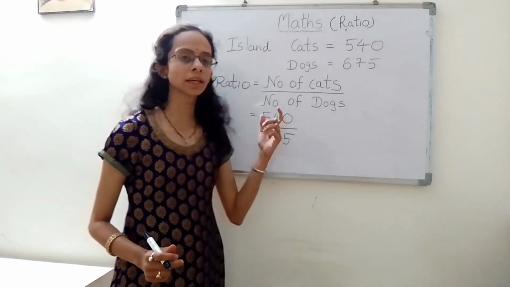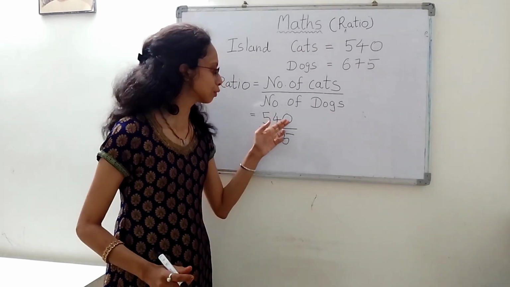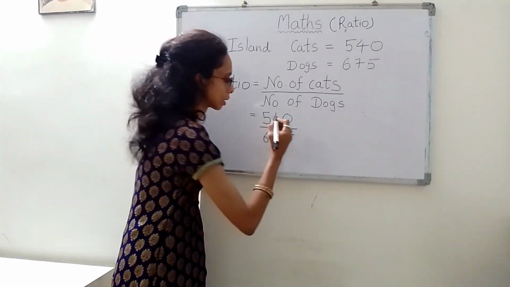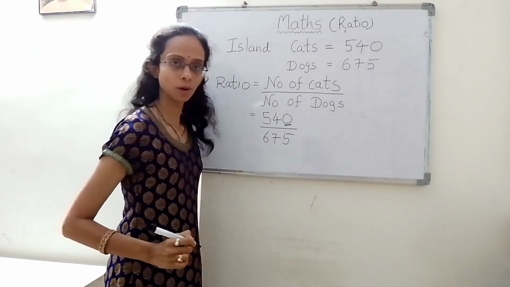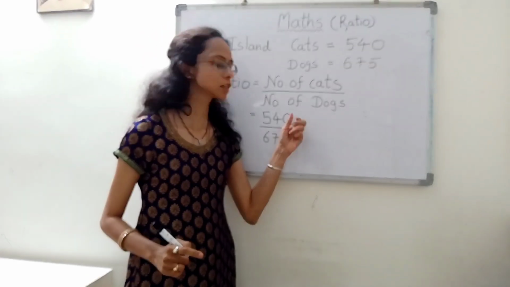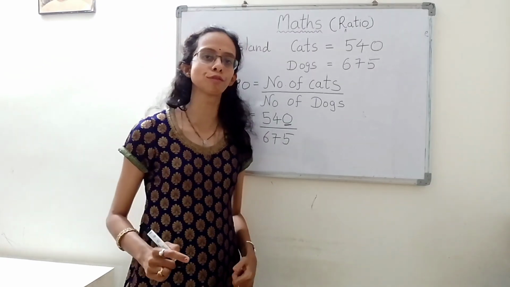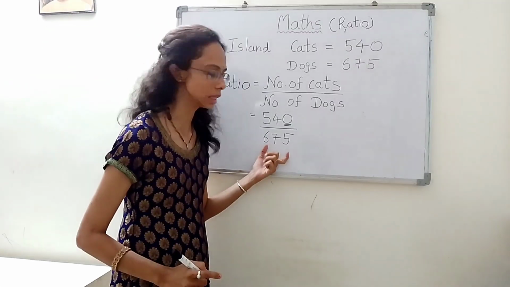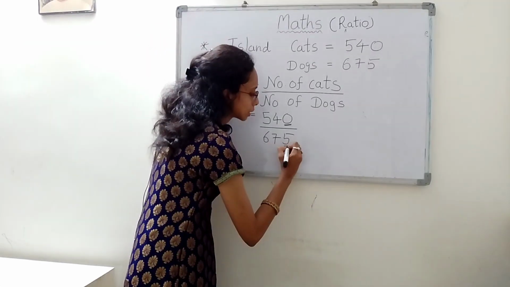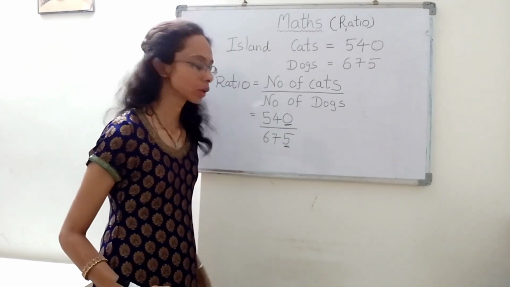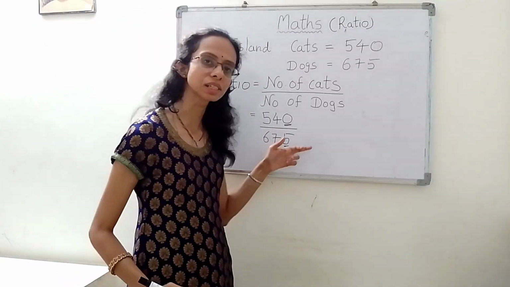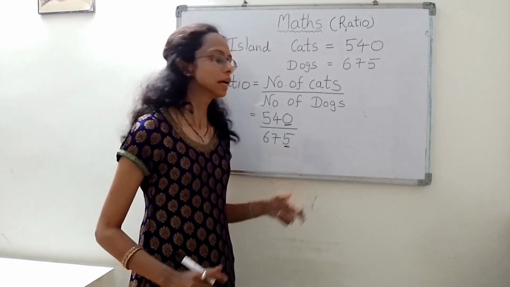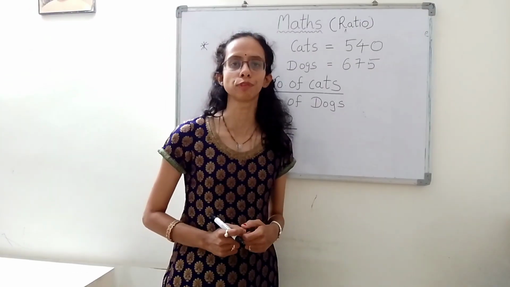So here students, we can tell that 540, as this number ends with 0, is perfectly divisible by 5. Similarly, in the denominator, this number ends with 5, so 675 also is perfectly divisible by 5.